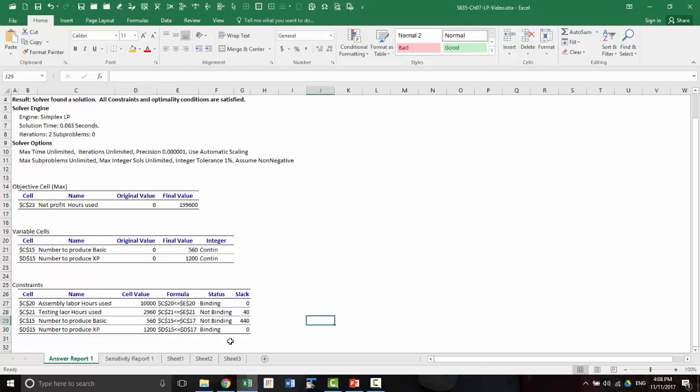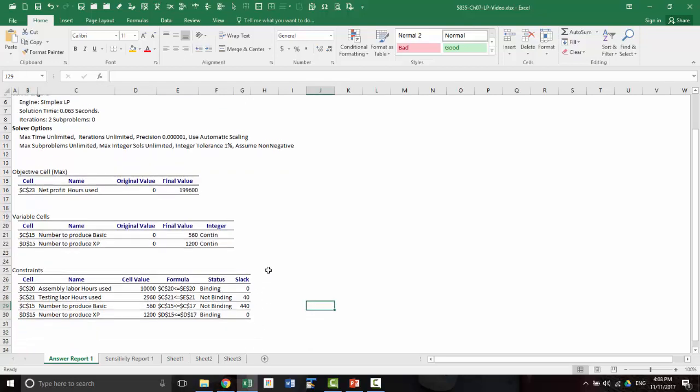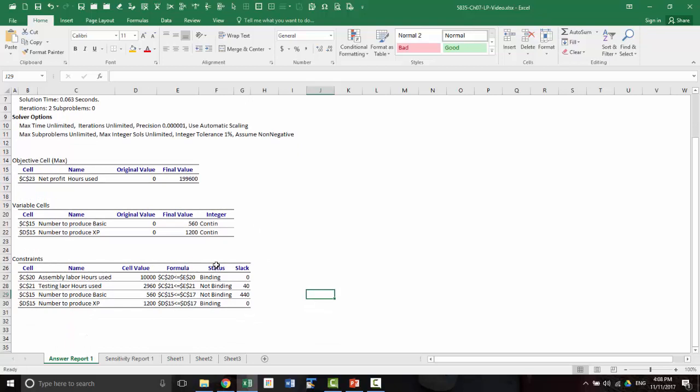Okay, now there are a couple of additional pieces of information the answer report gives, and the first one is the status of the constraint. A constraint can be binding or not binding. Binding means the left hand side and the right hand side are equal.